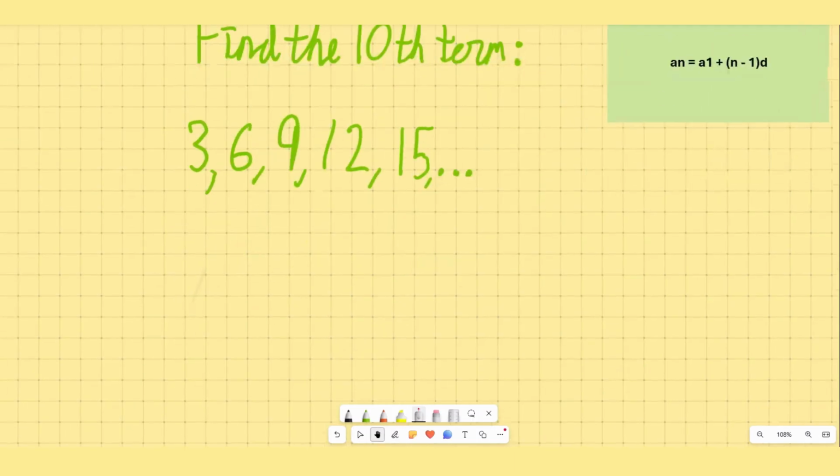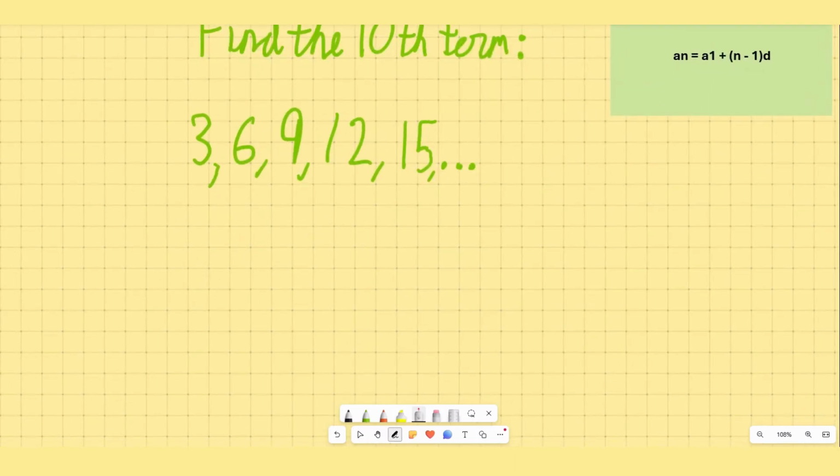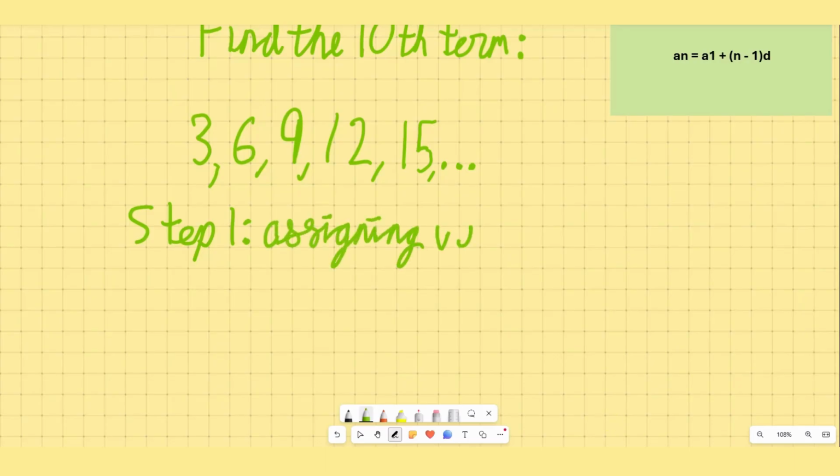Let's start with step 1, defining all of these variables and setting a value for them. Step 1, assigning values. Okay, so we see that a sub 1 would be 3 because it is the first term in the sequence.